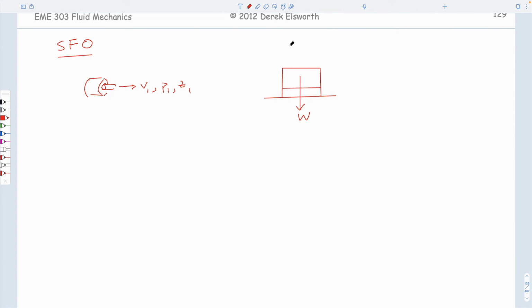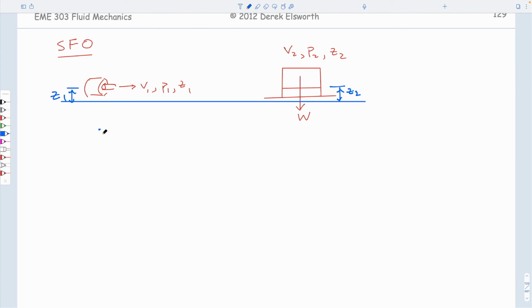We've got V2, P2, Z2. Didn't draw this very well. Actually, that's good enough. It doesn't have to be the 0. And so we've got C1. We've got, let's call it the same one, C2. And I'm going to write Bernoulli out.